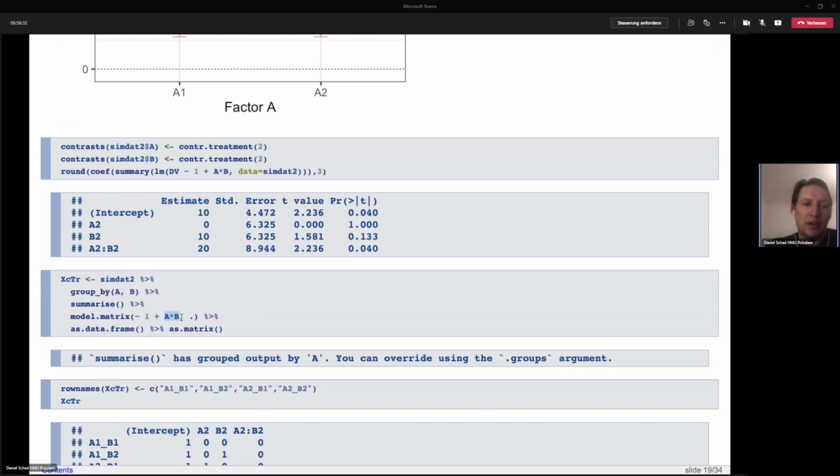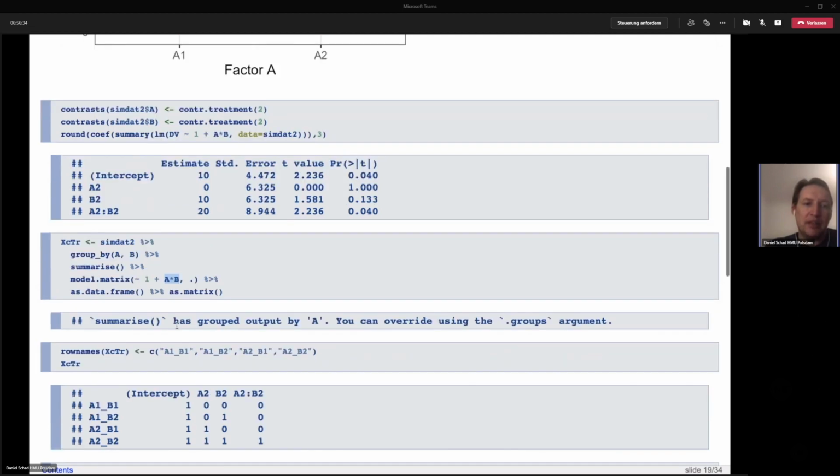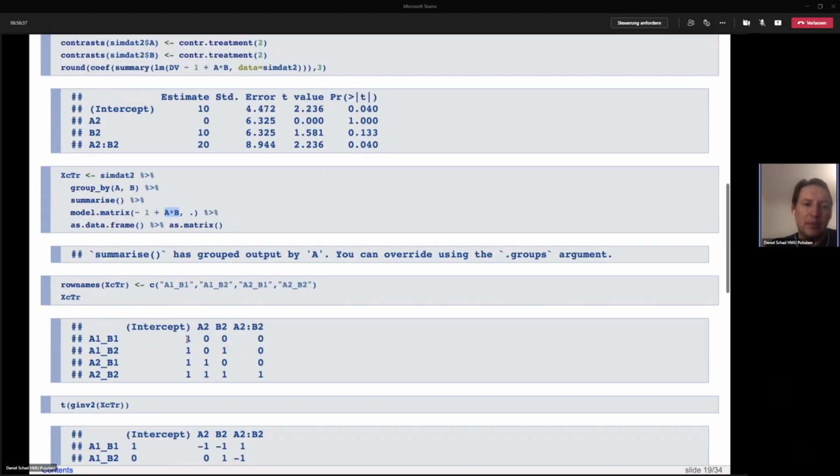Then it extracts a model matrix for A times B and stores it as a matrix. So we again have this matrix that we saw before, A1, A2, and B1, B2. These are the four conditions, X1 to X4, as we have called them in the other setup. And here we have the contrast matrix for the main effects and for the interaction.